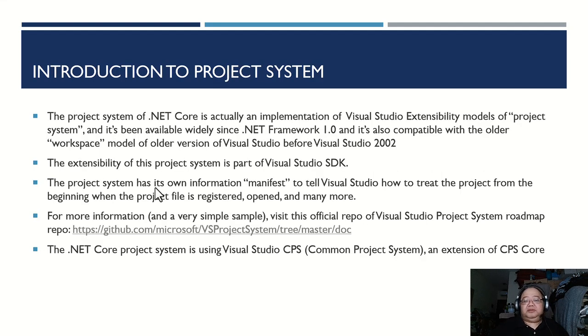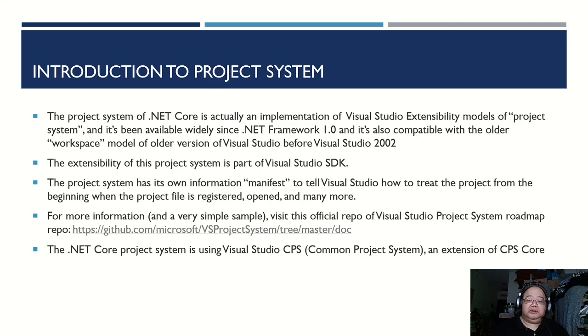So the project system is actually an implementation of Visual Studio extensibility models, and it's been available widely since .NET Framework 1.0. Again, since .NET Framework 1.0, and it's also compatible with the older workspace model of versions before Visual Studio 2002.